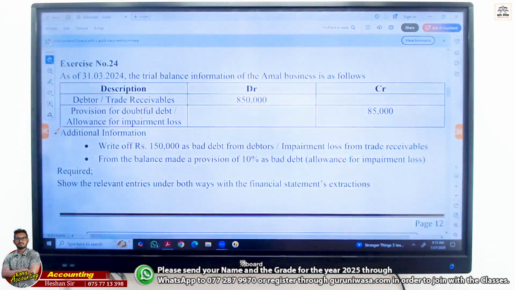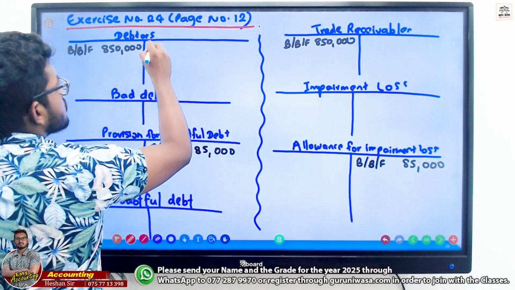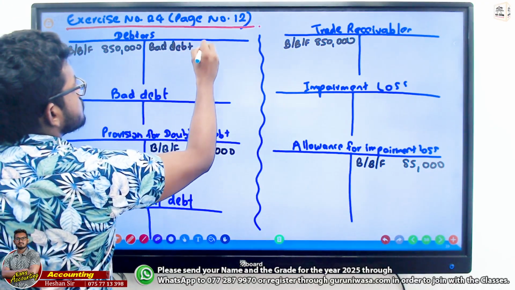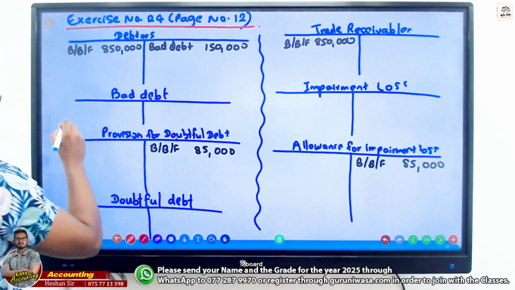Next one. Write off 150,000 as bad debt. So when we write off 150,000, this is credit, this is debit.